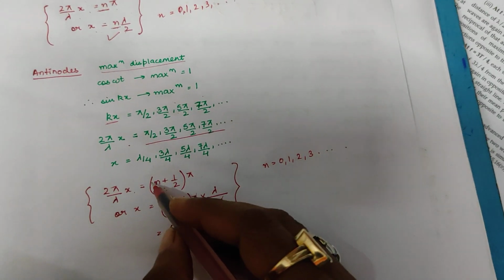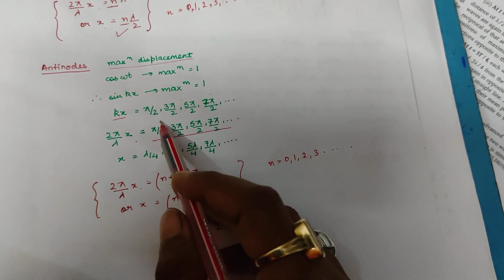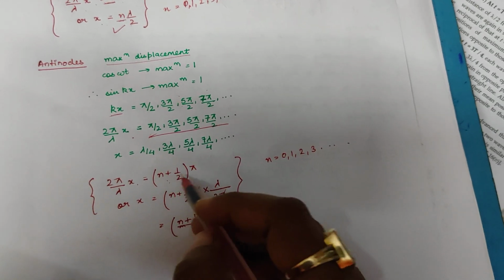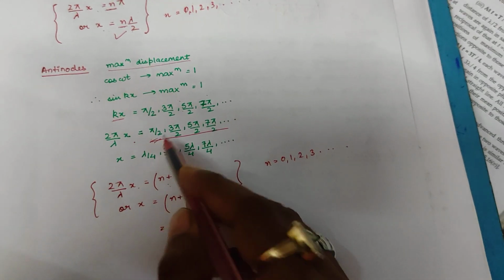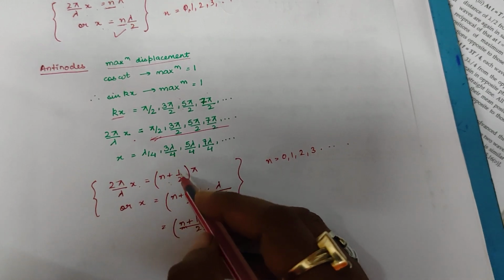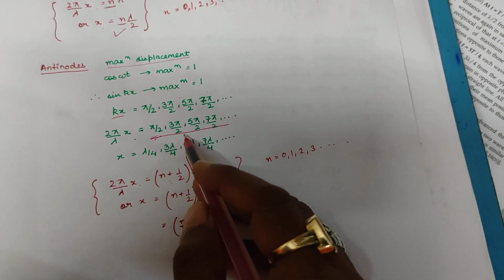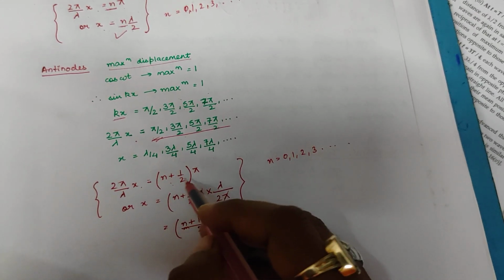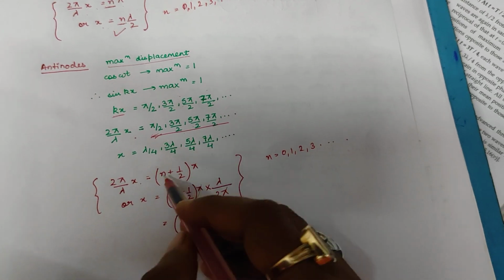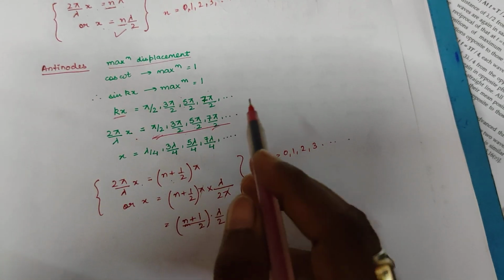Put the value 0 here: 0 plus 1 by 2 pi will give you pi by 2. 1 plus 1 by 2 will give you 3 pi by 2. 2 plus 1 by 2 will give you 5 pi by 2 and 3 plus 1 by 2 will give you 7 pi by 2.